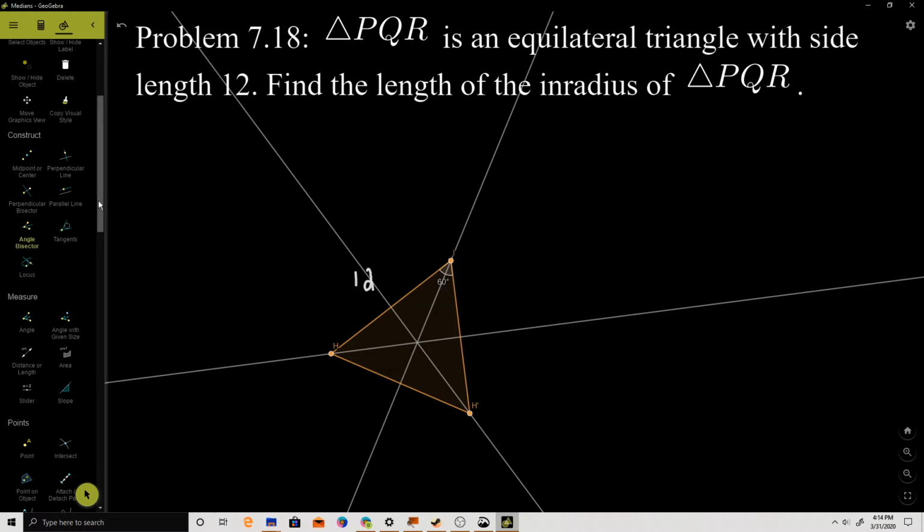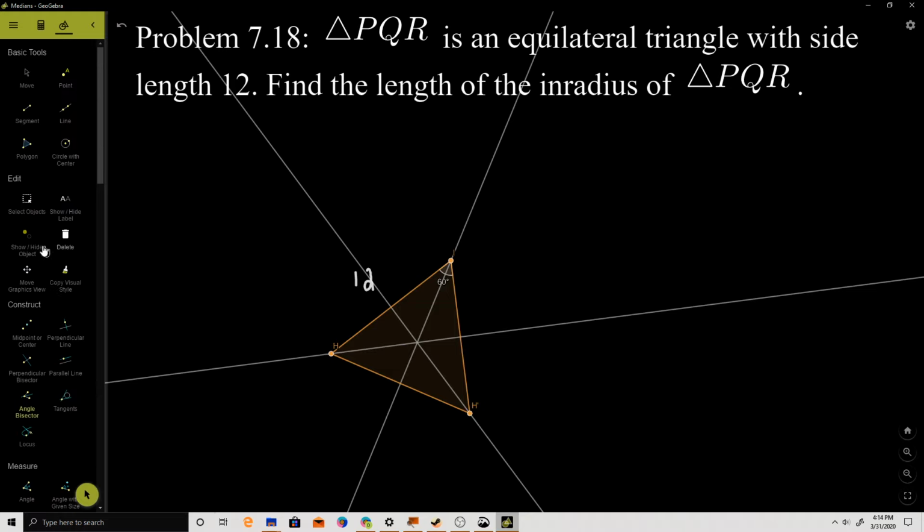That way, now I have my incenter, which I can then label as I. I mean, not inradius, incenter. Now I can form the incircle.